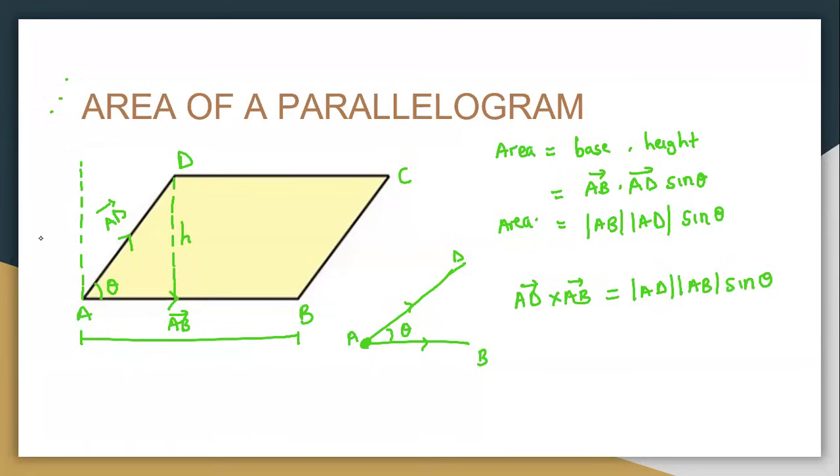Now, you notice very well that the whole of this side here is the same as what we have as our area. And therefore, you can say now that the area of a parallelogram is given by AD cross AB.